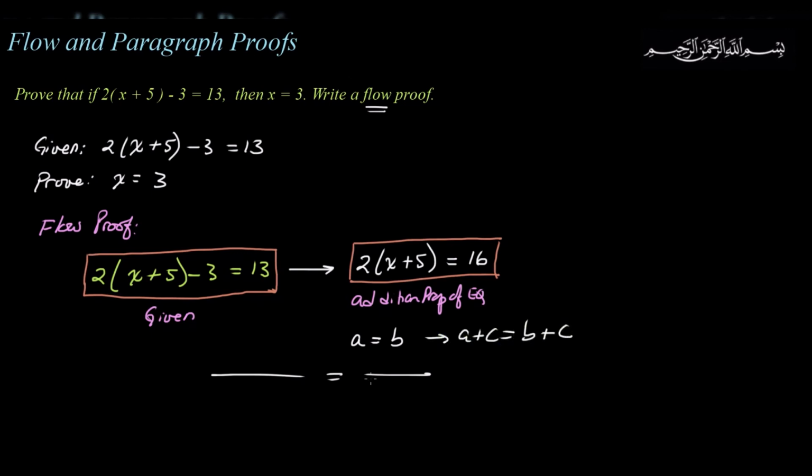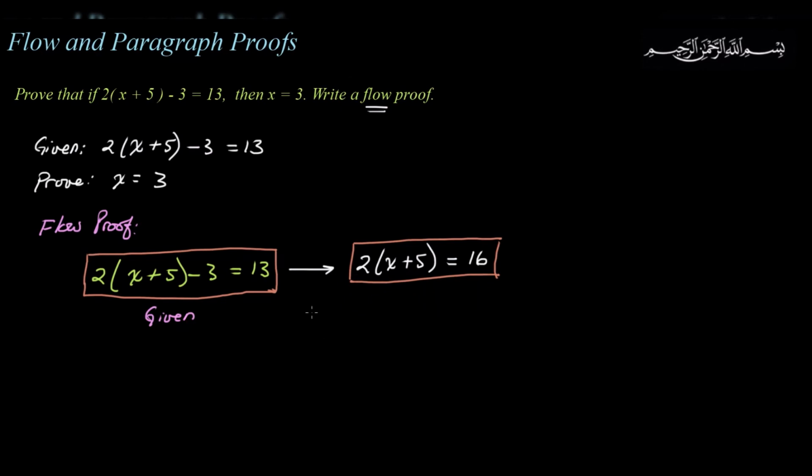So the reason for this step being a legitimate step is the addition property of equality. So let me write that down. Addition property of equality, for real numbers. We're assuming all real numbers here.